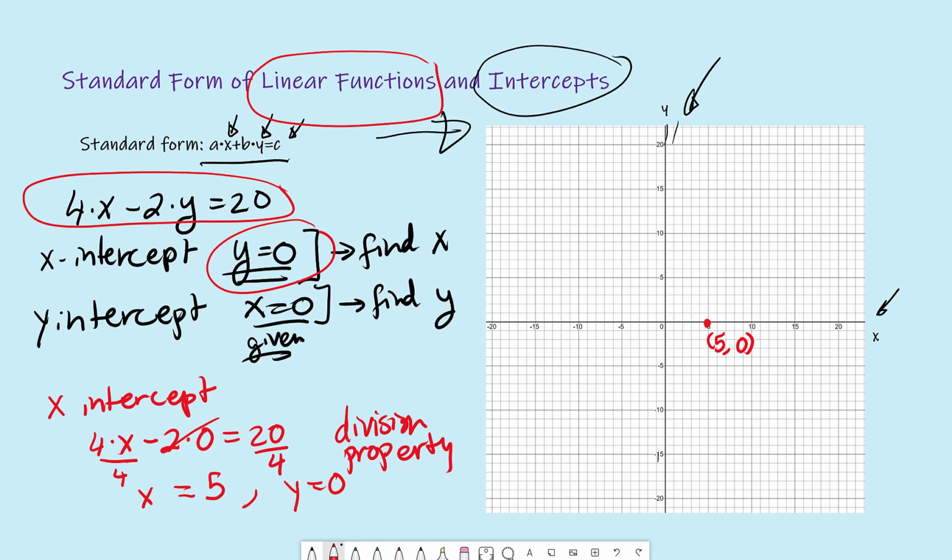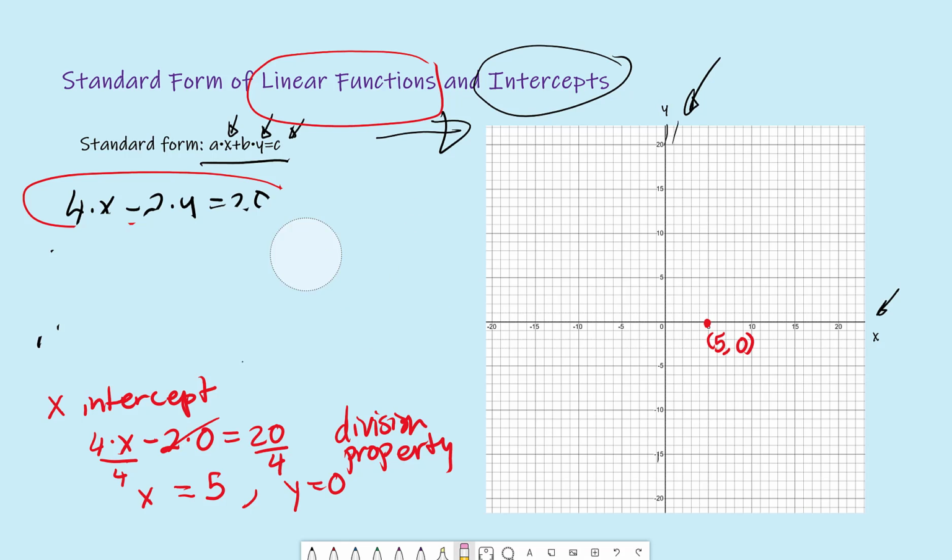Okay, let's use a different color to get our y-intercept. I'm going to erase some of this so that we have some space. I've erased a little too much, so we have 4x minus 2y equals 20. That was our standard form.